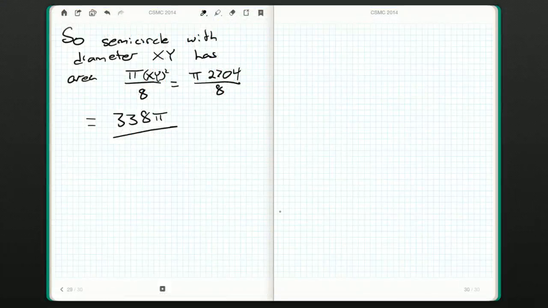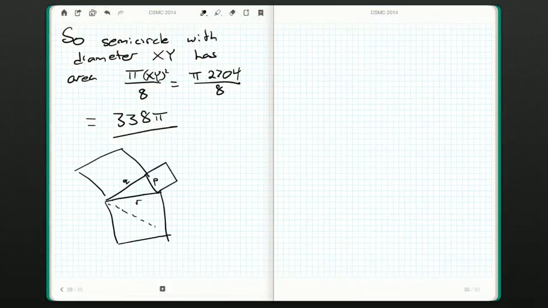Well, let's draw ourselves a copy of the diagram. We have R, we have P, we have Q, and then I cannot remember the names of the others.